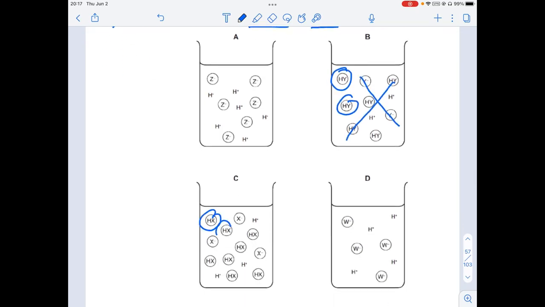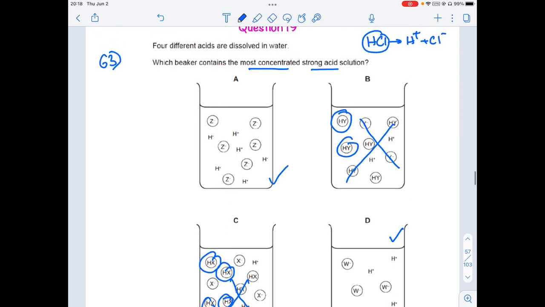Option C also still has HX, so it is also not possible. So only option A or option D is possible because there is no more acid molecule. Everything has been dissociated into H plus and Z minus or H plus and W minus. So it can be option A or option D. That is for strong acid.